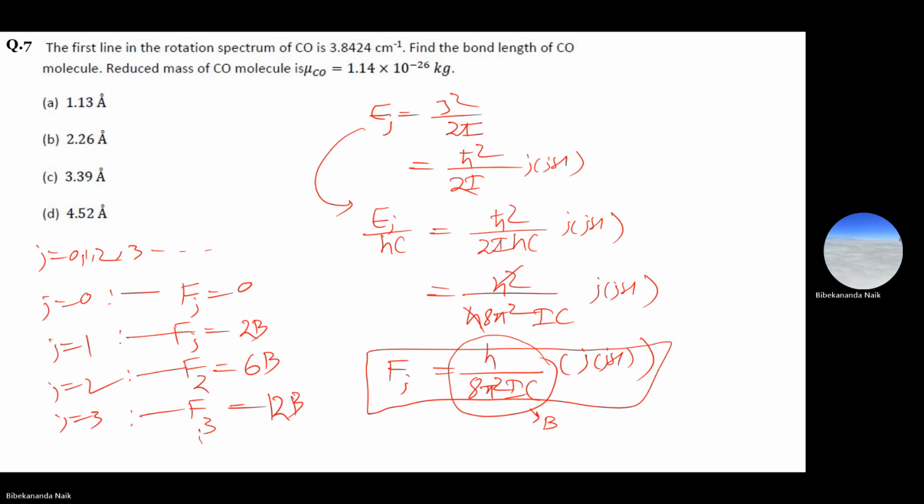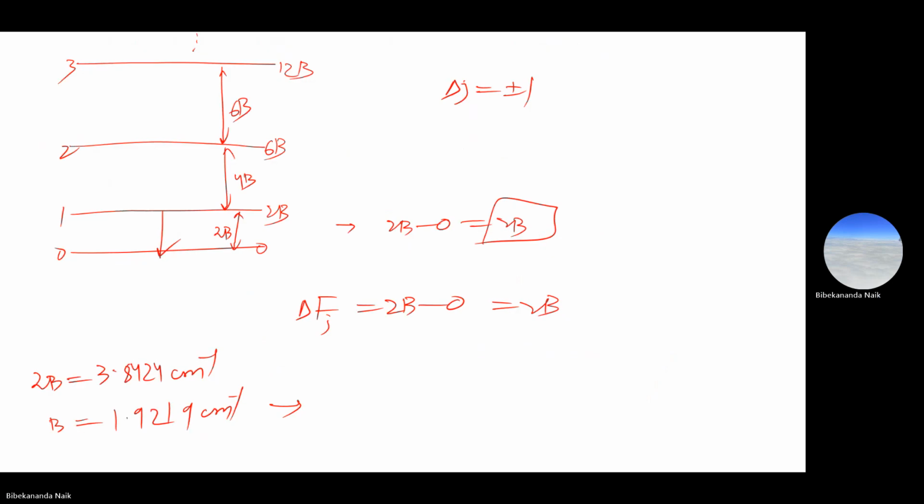So h by 8 pi square I c equals 1.9212. That implies we need to find out the value of I again. We already know I is the moment of inertia.